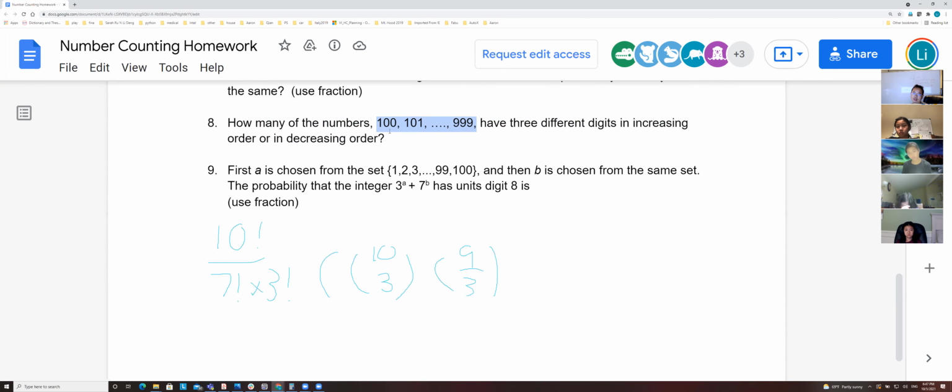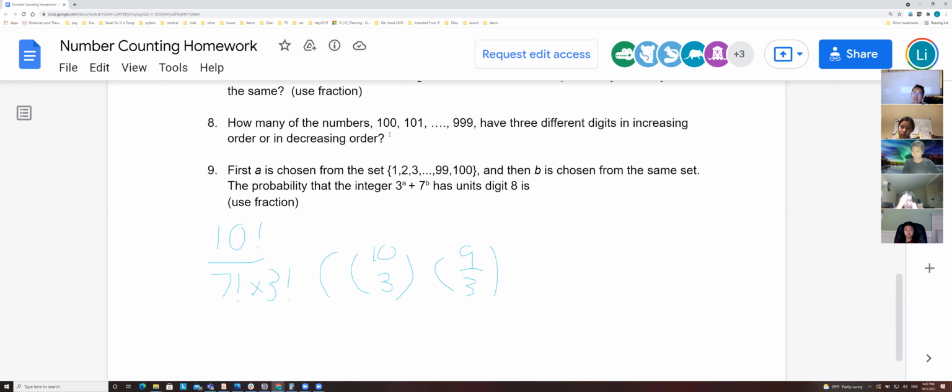Let's say the increasing one. For increasing ones, there will be no chance to have a 0, right? Because the hundreds digit is 1. If it's increasing, there's no chance to have 0.